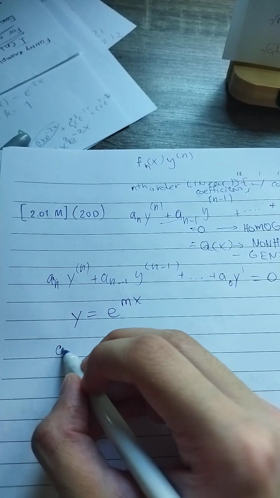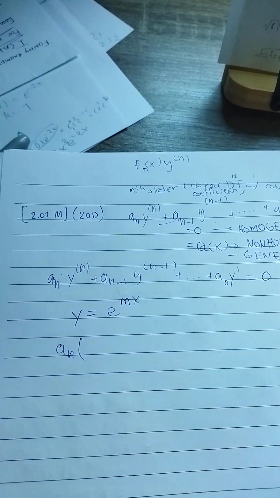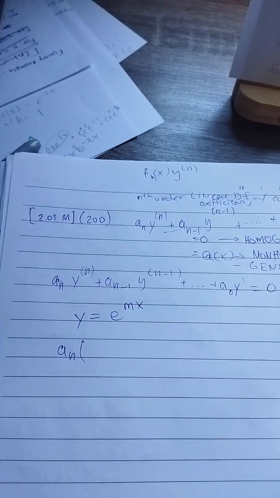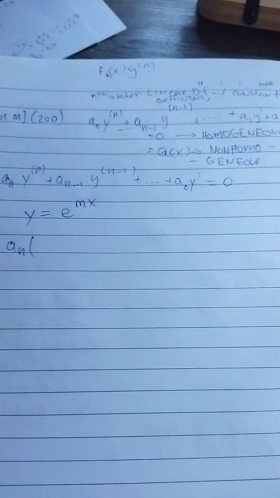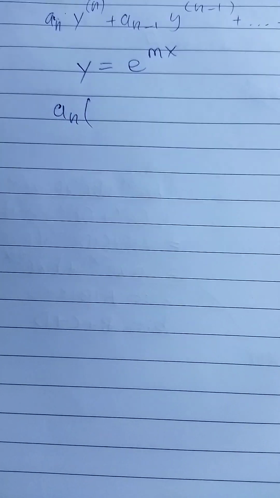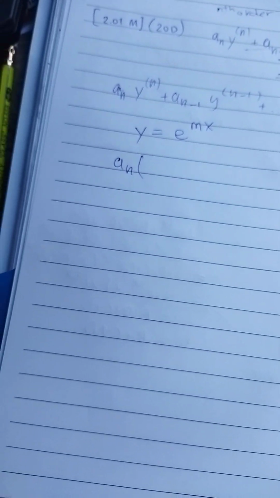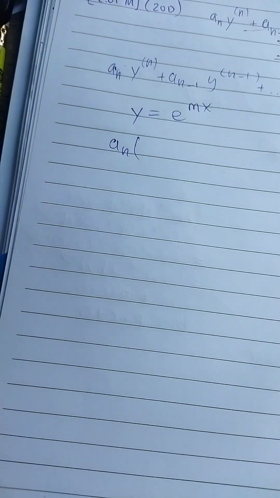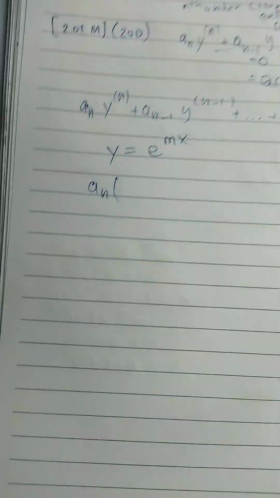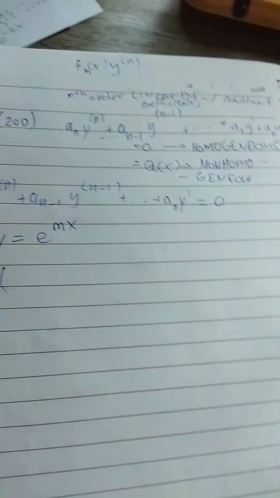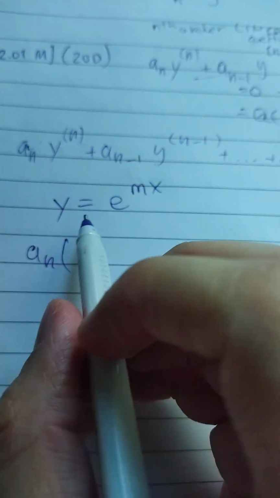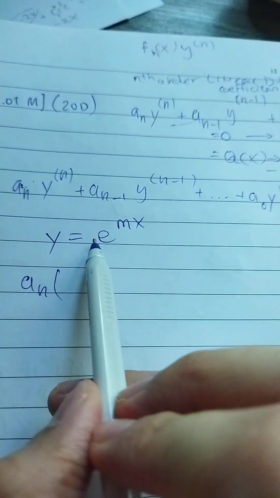So we're basically making a smart guess that one of the types of solutions that there will be is an exponential function, because that makes sense. So now imagine that we take the nth derivative of this.